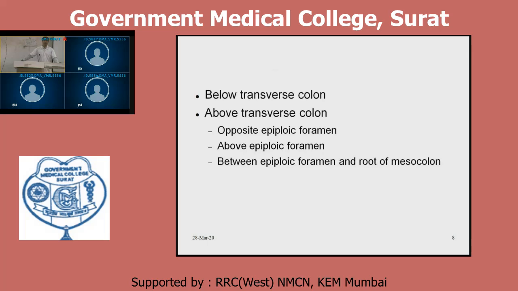Therefore we have to trace this transverse disposition, or you can say horizontal disposition of this peritoneum, first at the level of epiploic foramen, above epiploic foramen and below epiploic foramen, in between epiploic foramen and root of mesocolon.